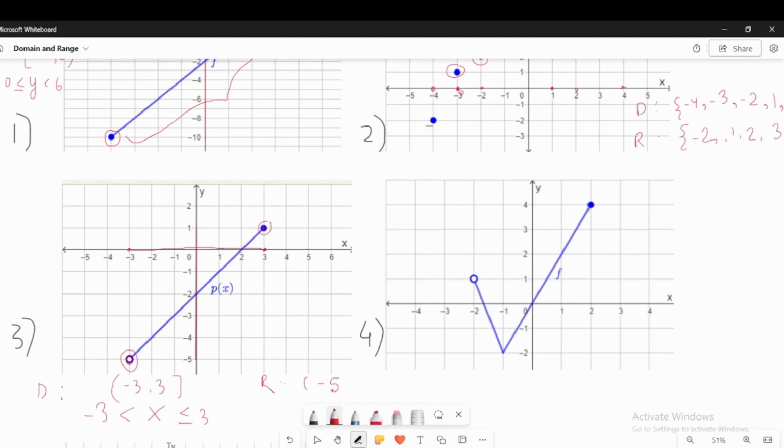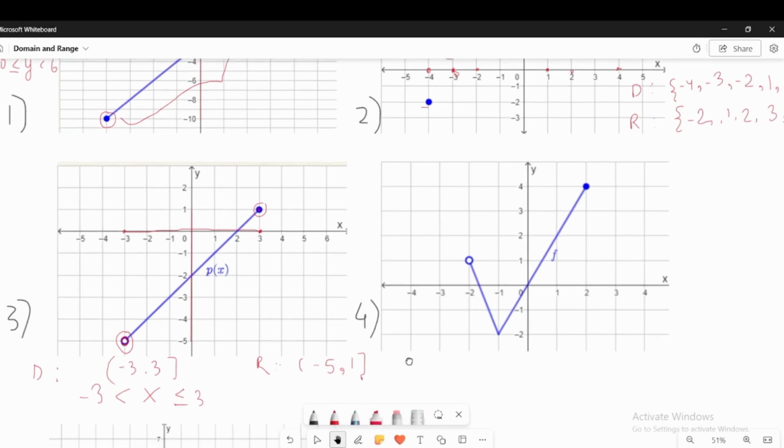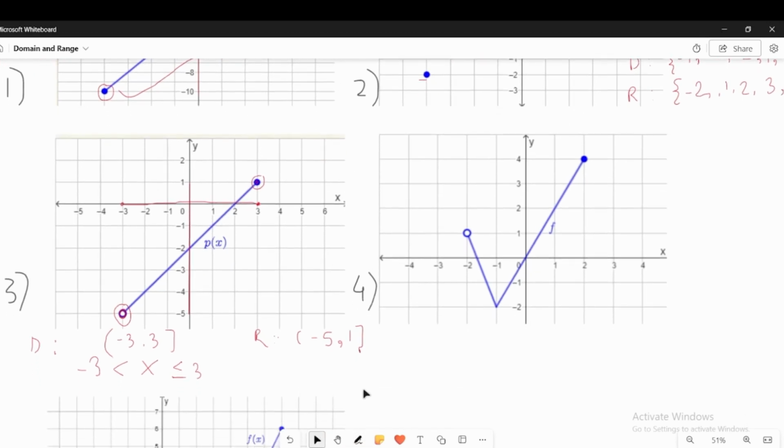Since corresponding to -5 we have open interval, so I'm putting in open parenthesis here, and corresponding to 1 we have a closed interval. So this is going to be your range here. Again, you can write it in the form of an equation as y is greater than -5 and less than or equal to 1. It's closed on this side.